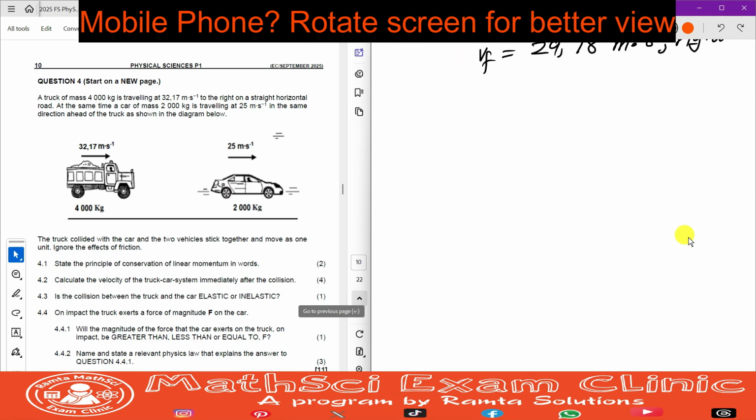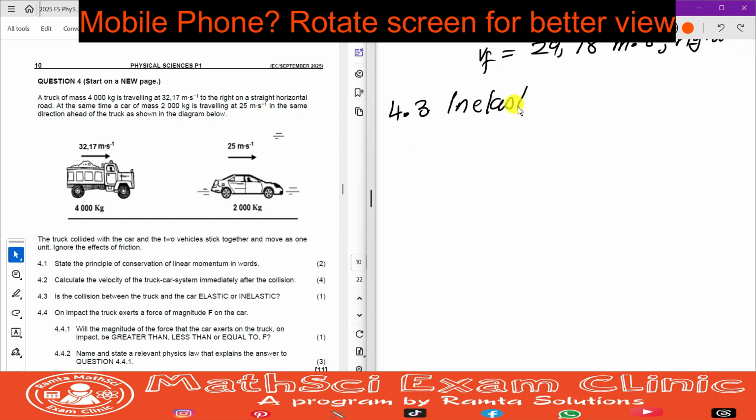Remember, we need to spend about 11 minutes on this question. 4.3. Is the collision between the truck and the car elastic or inelastic? It was inelastic, guys.